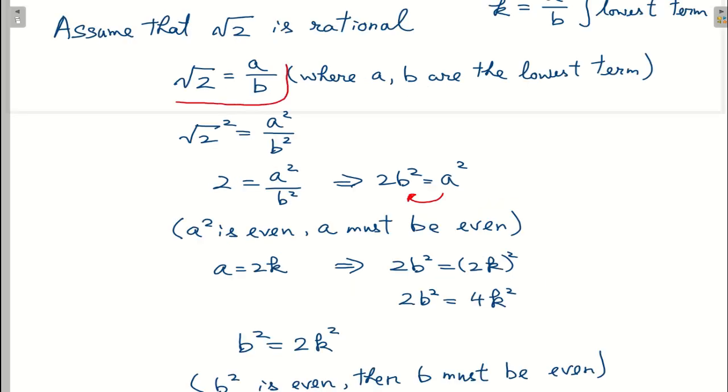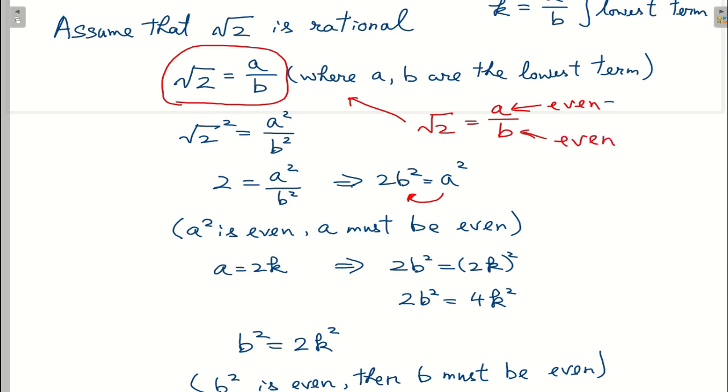And let's go back to our assumption. We assumed that the square root of 2 is equal to a over b, where a and b are in lowest terms. And now we get that the square root of 2 is equal to a over b, where a is even and b is also even. That means these two terms, if they are even, cannot be in lowest terms.